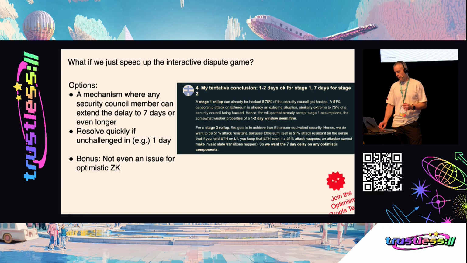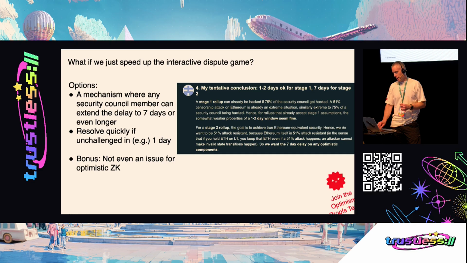I think it would help, and this would allow the happy case to resolve quickly, say 1 day, if nothing unusual was happening in terms of censorship on L1 and no Security Council member decided to flip the switch.